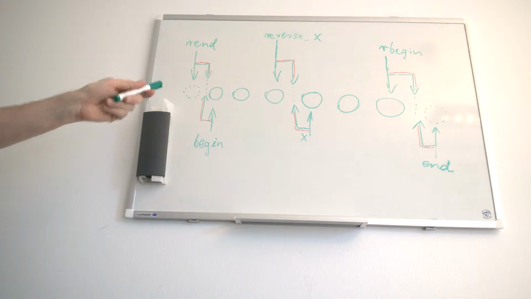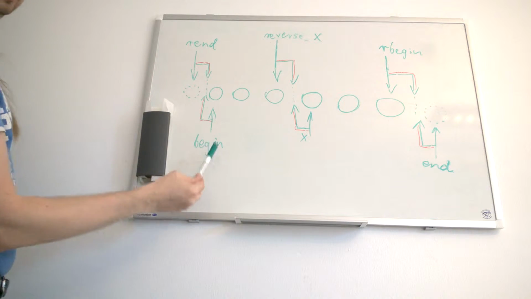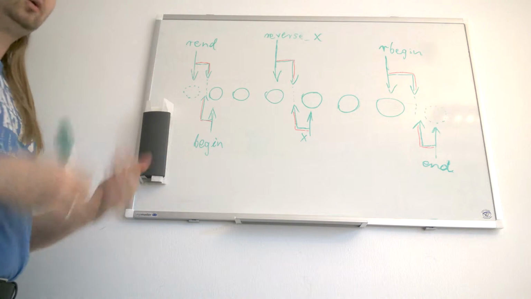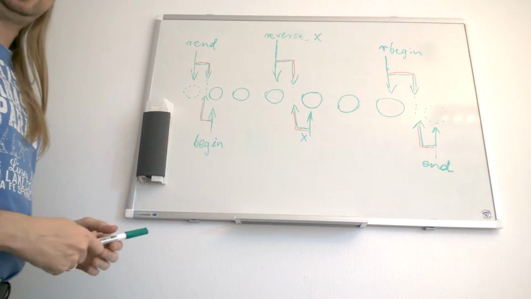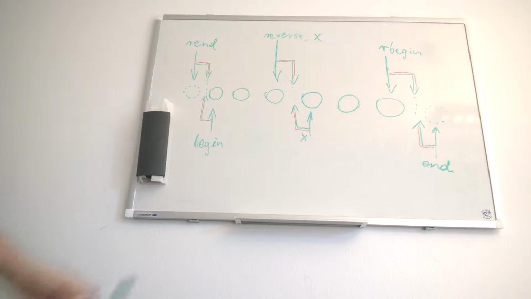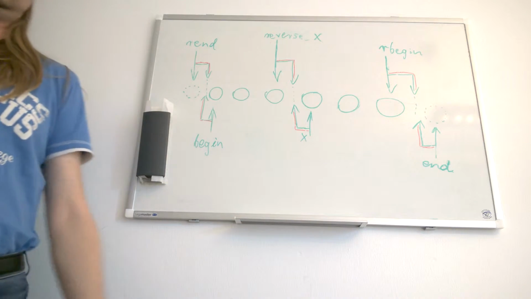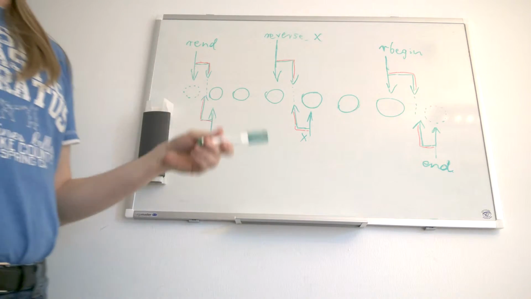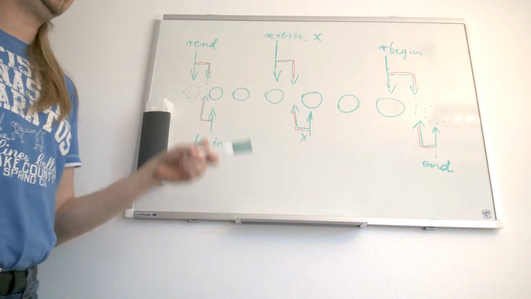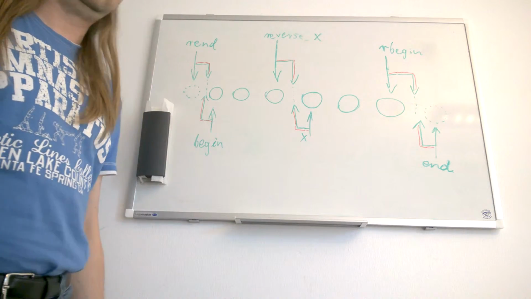Now, we can have here the beginning of the container. The beginning of the container always points to the first element of the container. What we get from end is this so-called past the end value. Past the end means that it actually doesn't point to an element.